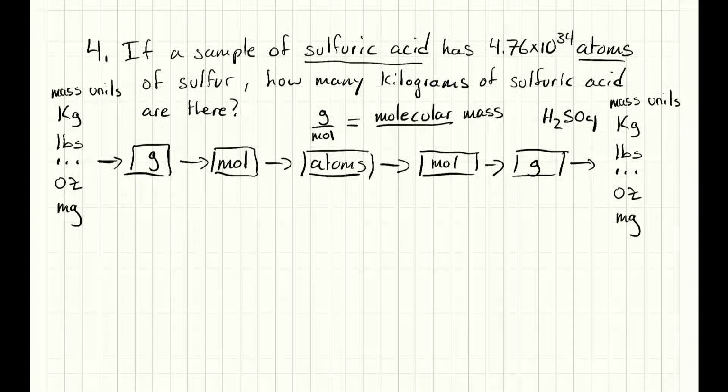In this problem, we're going to be starting with atoms, and we want to go to kilograms, which you'll notice is in this list of other mass units. But it's easy to go from grams to kilograms. So then our solution diagram for this is going to be atoms to moles to grams and then to kilograms.